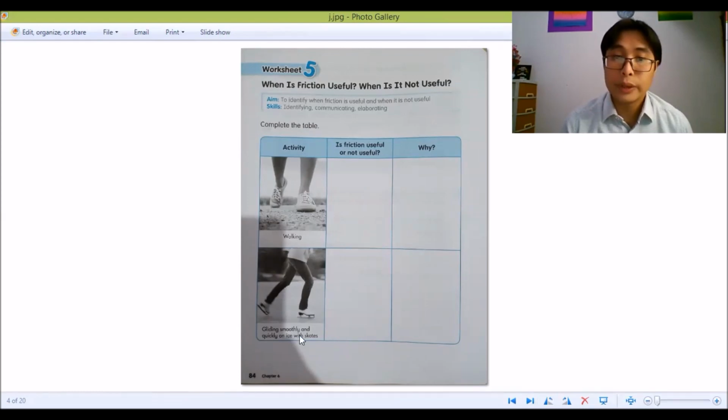Second, do we need friction in this kind of activity, gliding smoothly and quickly on ice with skates? Yes or no? And then once you write yes or no, write your reason. Why do we need friction in this activity? Why we don't need friction in this kind of activity? Is that clear?